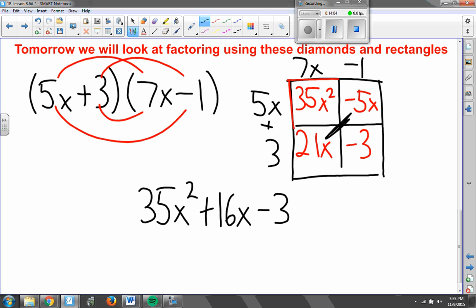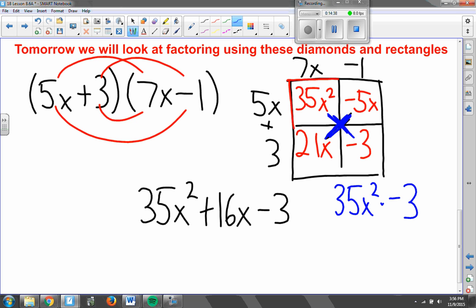Okay. Now let's check again our thing to notice. And as I mentioned before, bottom left, top right, that multiplication there should be equal to that multiplication there in these generic rectangles every single time. Okay? So 35x squared times by negative 3. 35 times negative 3.